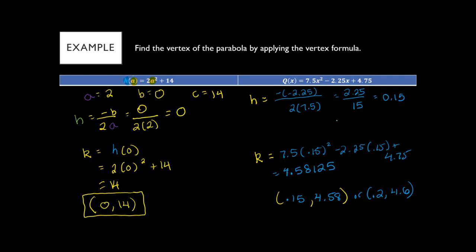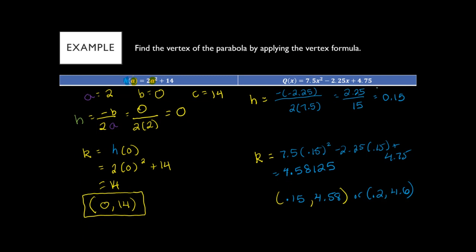So that's completely valid. Otherwise, what some people do is round to 1 decimal place, because your lowest number of decimals is 1 decimal place here. If you've taken a chemistry class, that's what they call significant figures, where they go with the lowest number of decimals. So since we've got a 7.5 with 1 decimal place, if you round it that way, you might get 0.2 and 4.6.